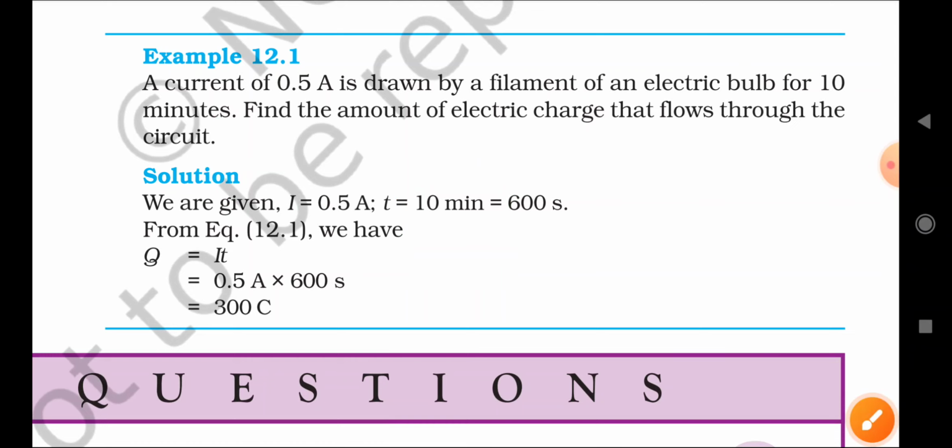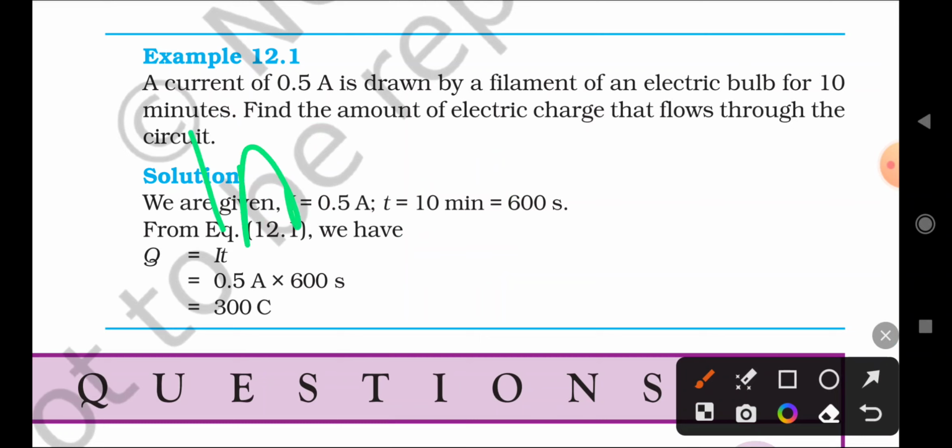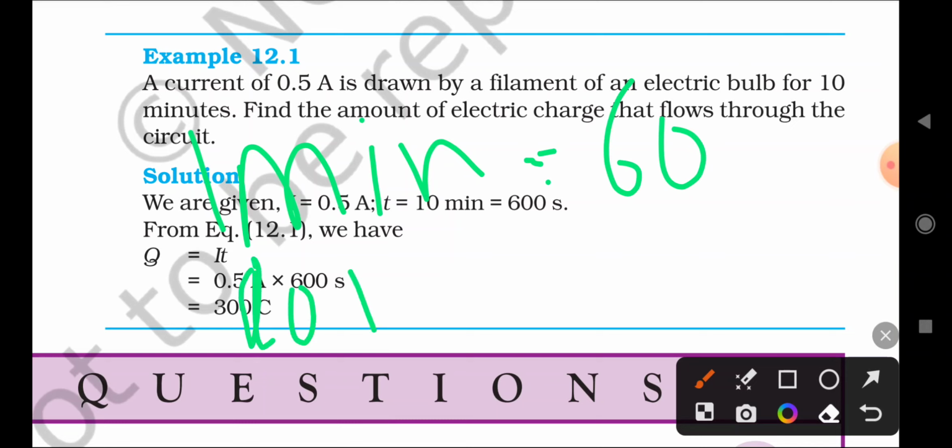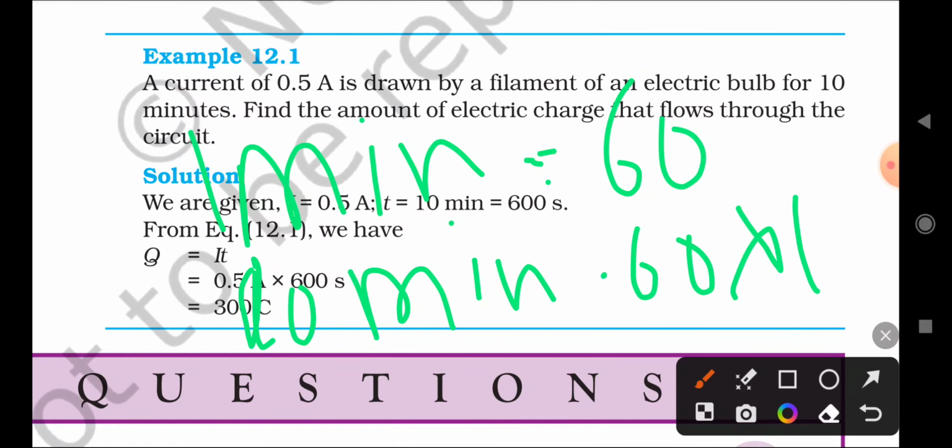I already know that. How many minutes are there? 10 minutes. 10 into 60, so that will become 600 seconds.